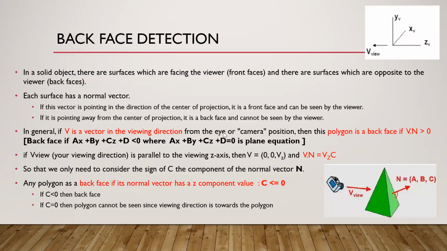So going to the algorithm, backface detection means you are going to detect the surface of the object which is out of sight of the viewer. For example, you can see the image at the right bottom. You have a cone, the viewer or the camera is in one position and the arrow is in the other position.